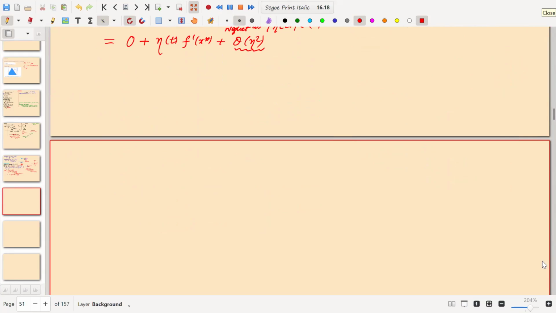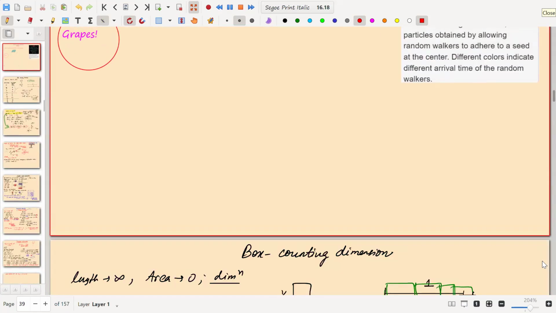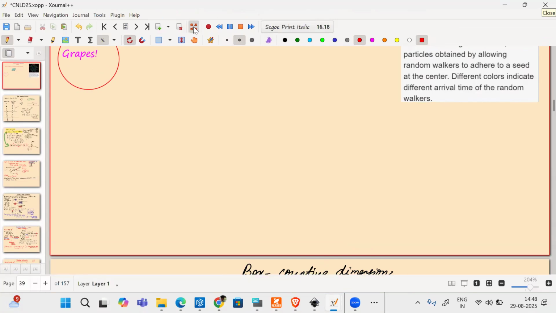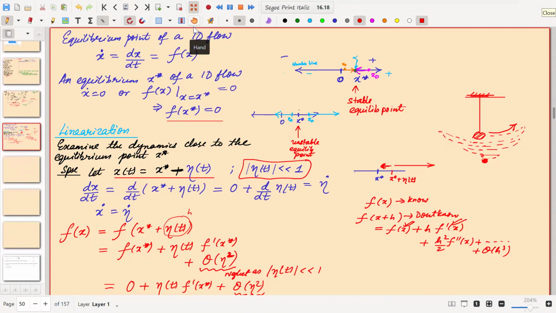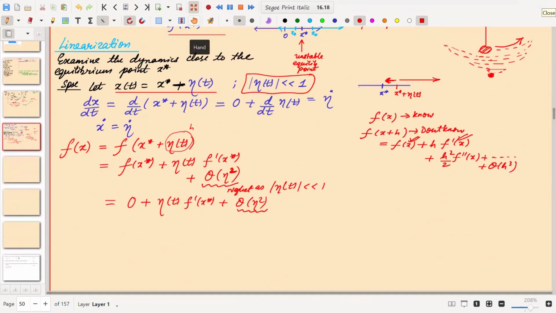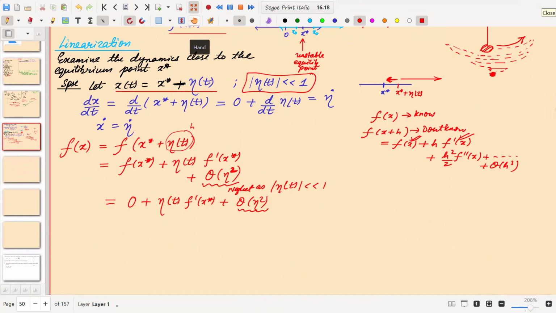So till now it is clear, is it? Now what should be our next step?